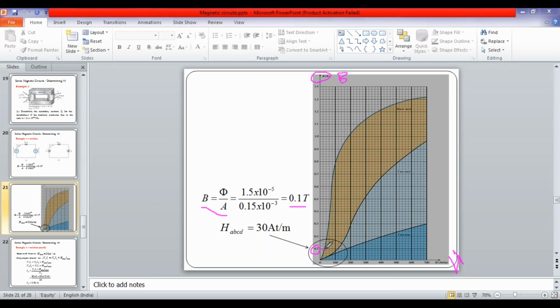Now we can extend this line to the x-axis. This value gives you the H value. Fine. Now we'll proceed.